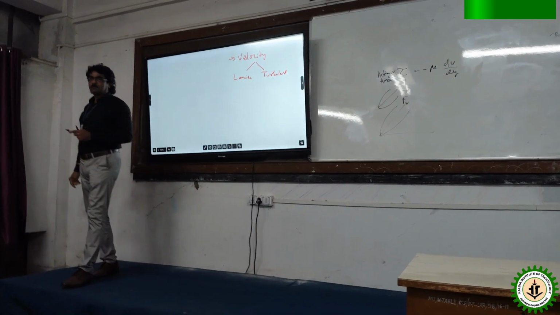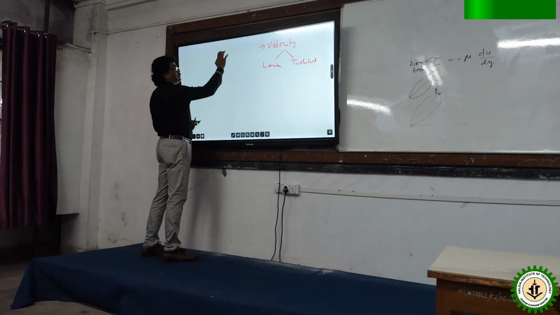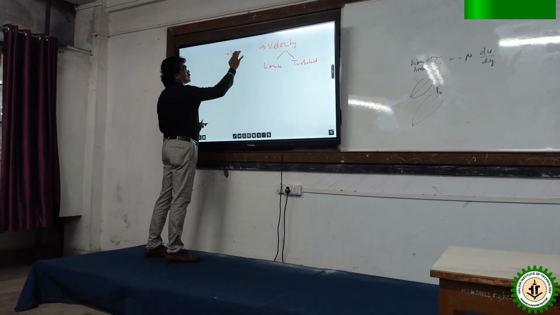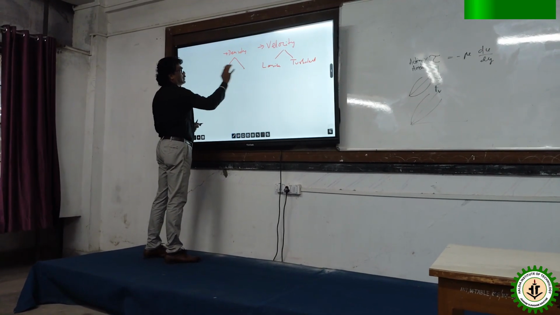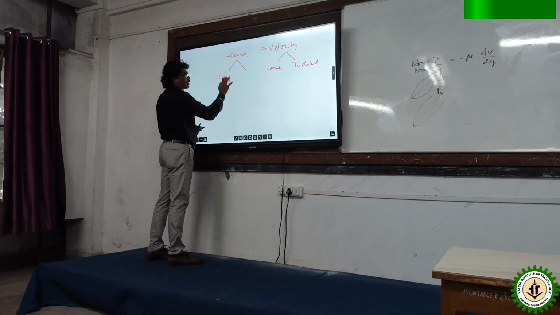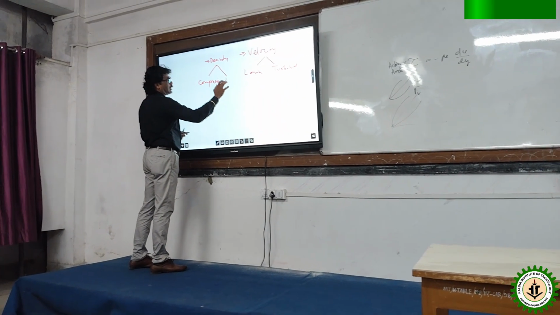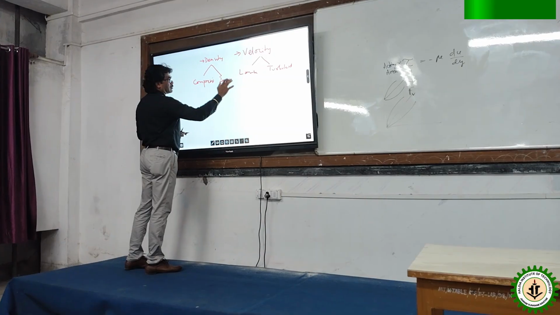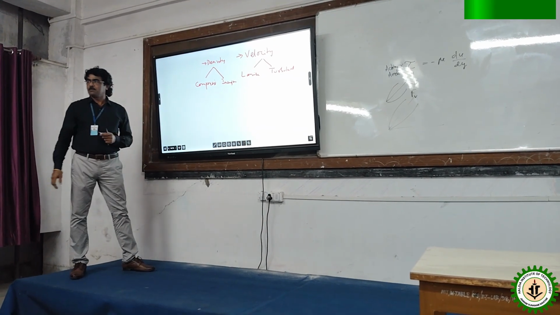Any other type? Depending on density, the flow type will be compressible or incompressible. Any other variety will be there?